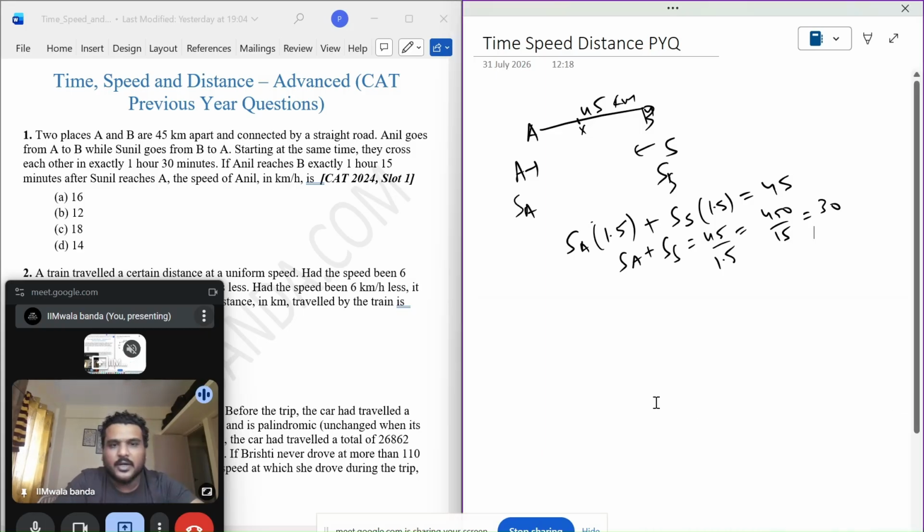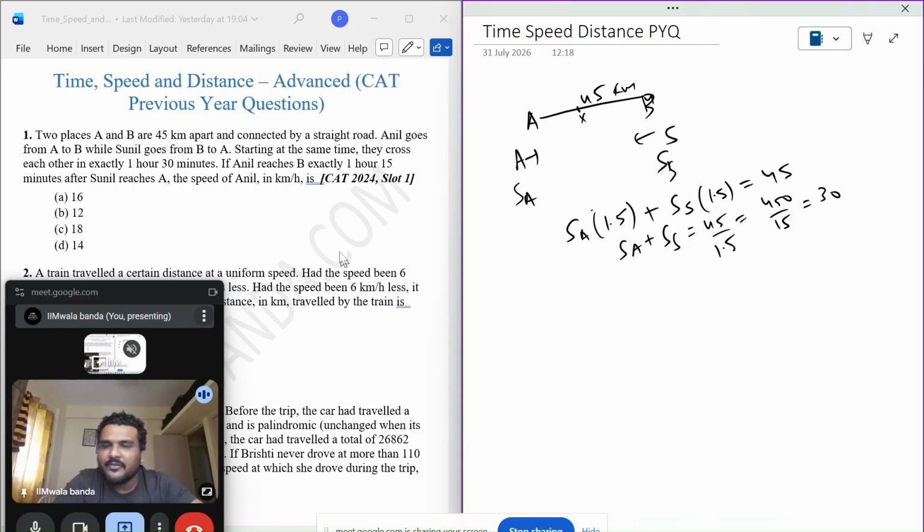Now let's go to the second. So what is it saying? A reaches B exactly 1.25 hours after S reaches A. Okay, so S is reaching A, and how much time will S take to reach A? 45 kilometers it has to cover with its speed of SS, and 45 kilometers Anil has to cover with its speed of SA.